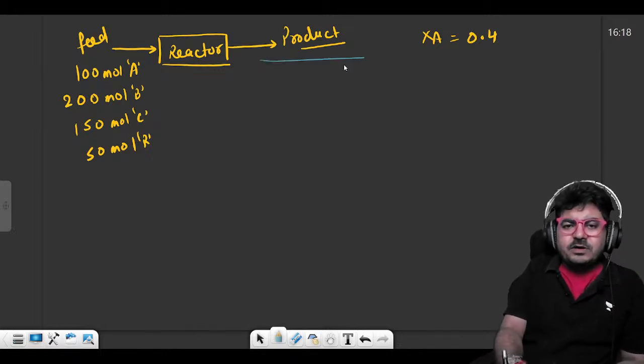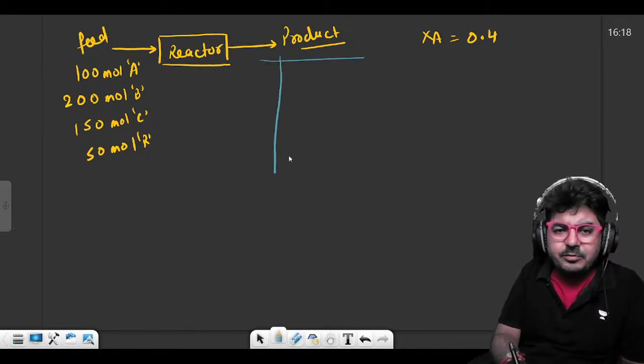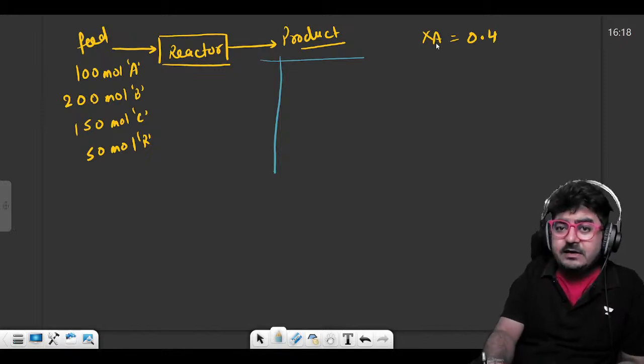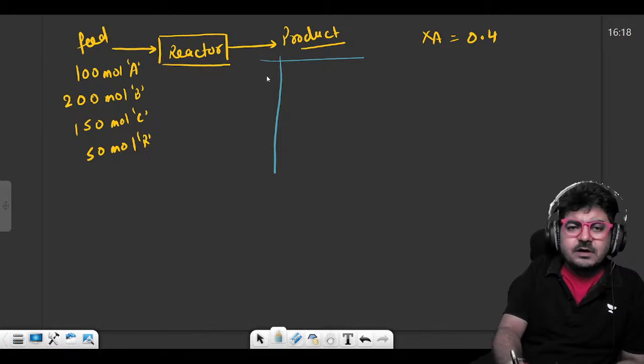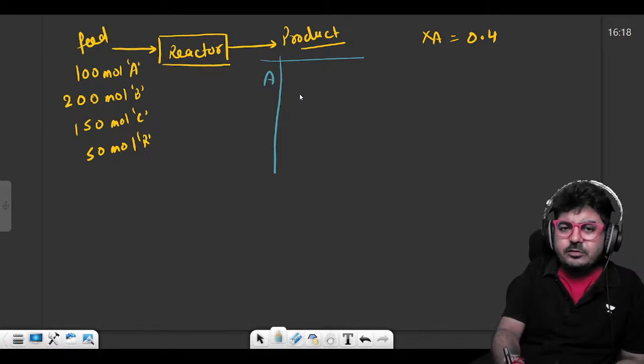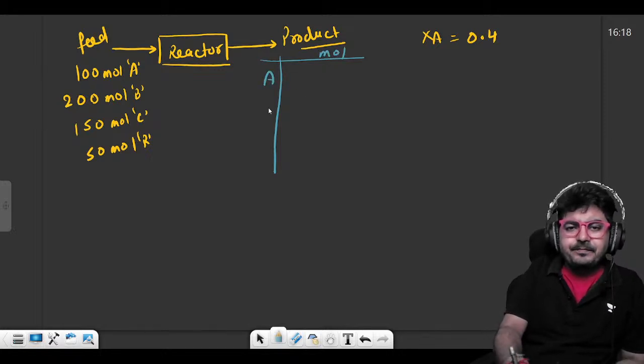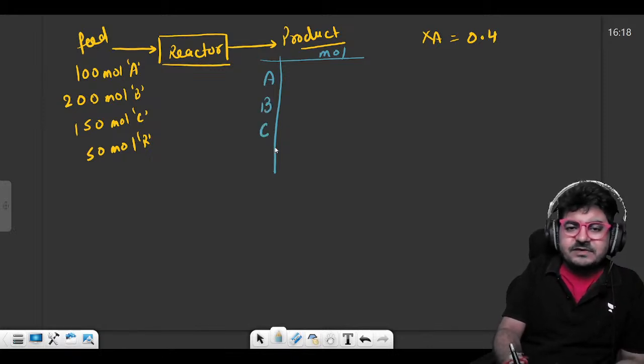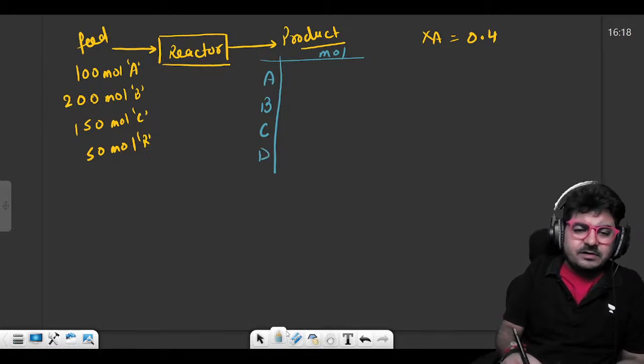If we talk about the product, first let's see how many components will be there. As we can see, conversion of A is not 100%, so obviously some unreacted A could be there. Some unreacted B is possible. Some C will be there definitely because it is a product. D could be there because it is a product.